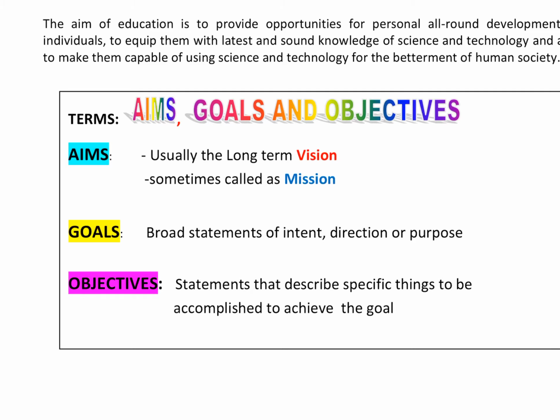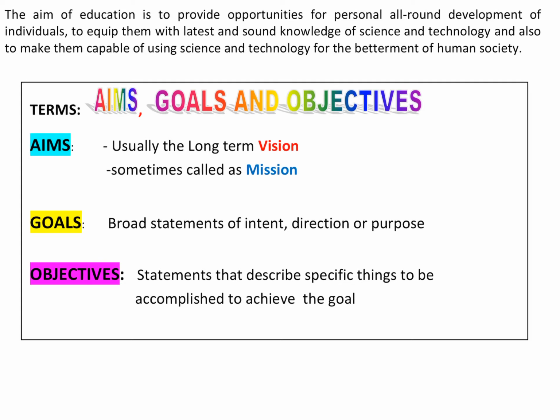So here in this particular picture or figure, you can see the objective means the statement that describes specific things to be accomplished to achieve the goal. And this goal word can be further simplified as general guidelines that explain what you want to achieve in your organization or in your community or the society as such.